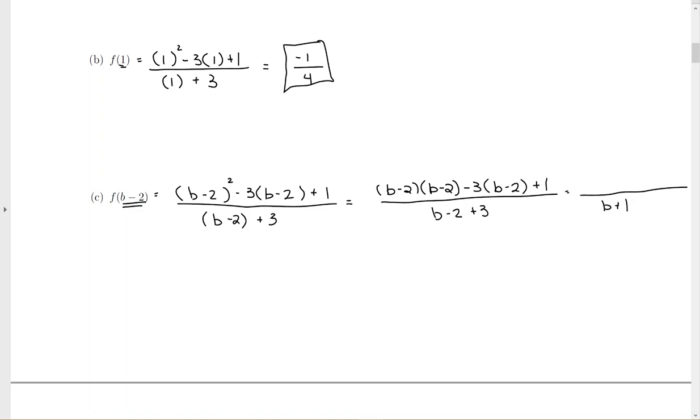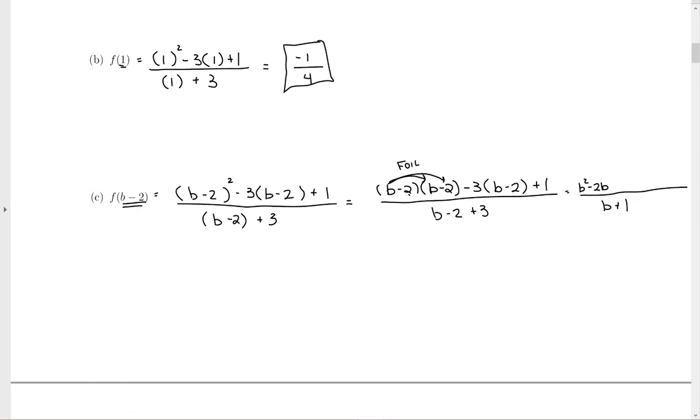It's the numerator that gets to be a little chunky. I'm going to have to FOIL, or use the distributive property twice here. So b times b, times negative 2.